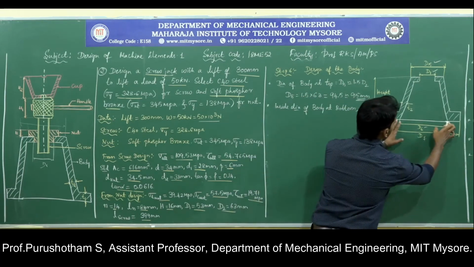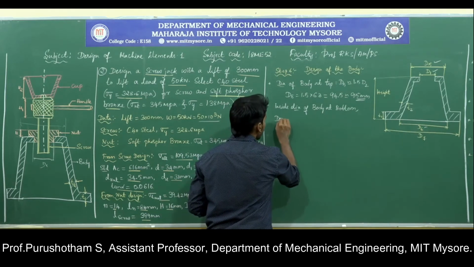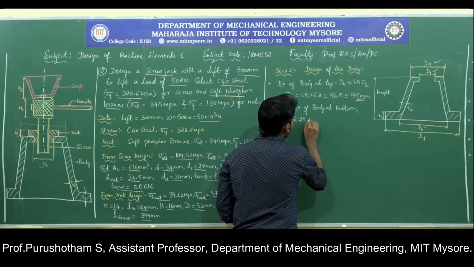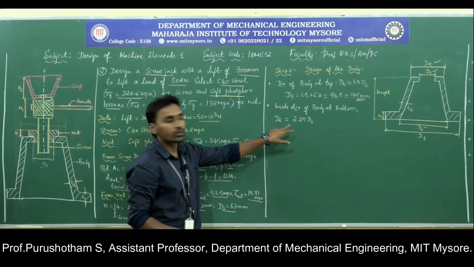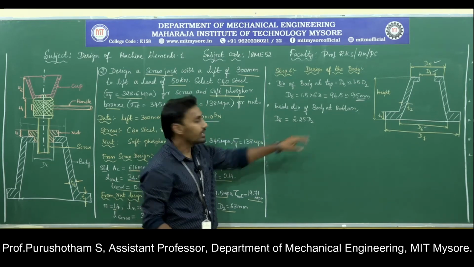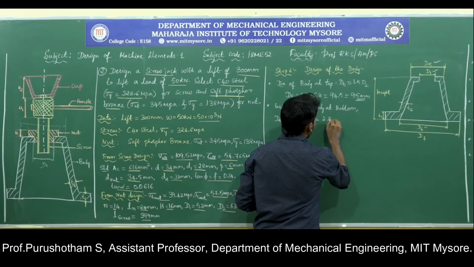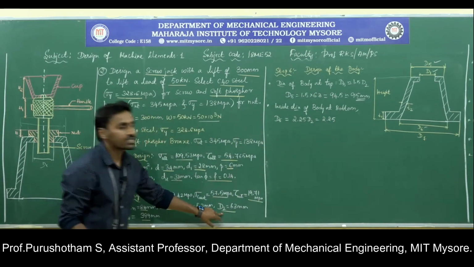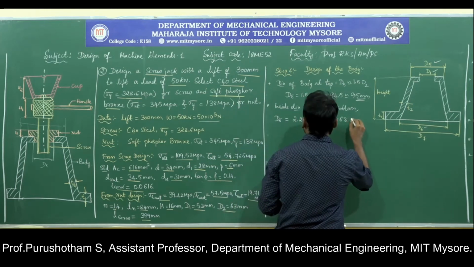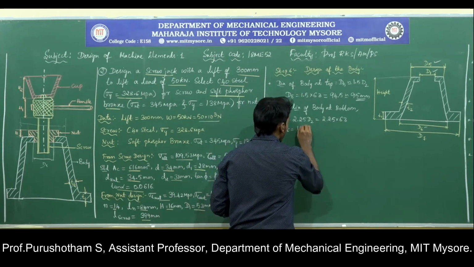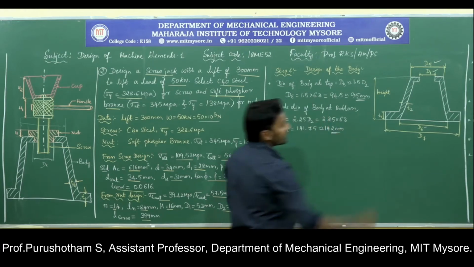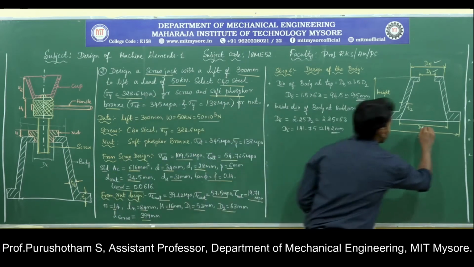D6 is approximately equal to 2.25 times D2, where D2 is the outside nut flange diameter, 63. Simplifying this, we get D6 as 141.75, which is approximately 142 millimeter. That is D6 also done.